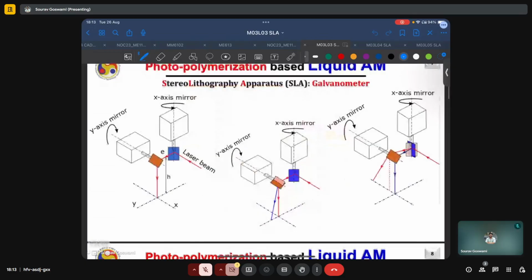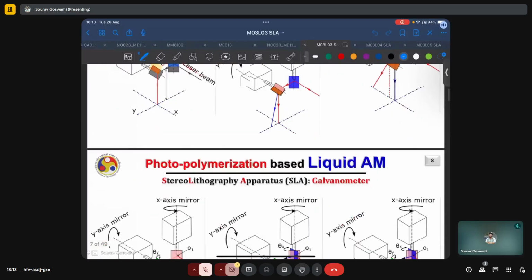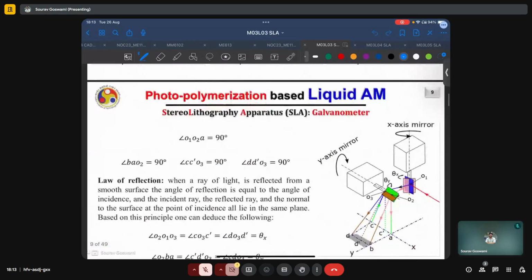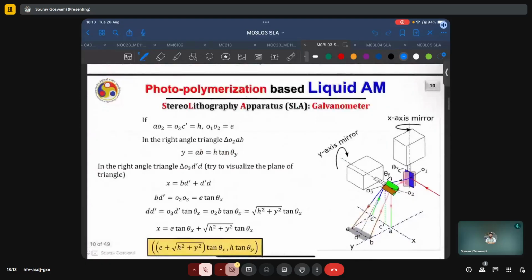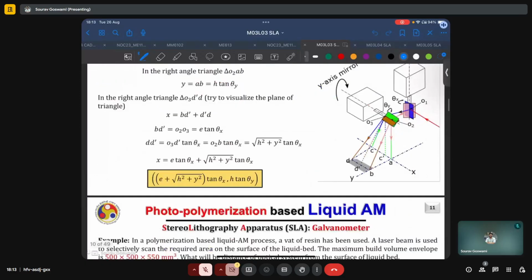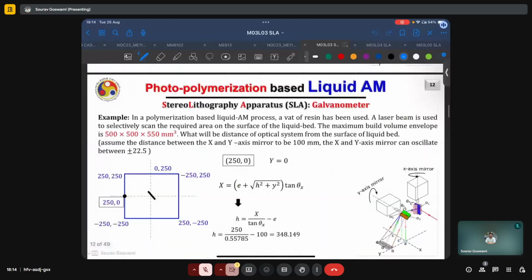Now, the schematics of how a laser beam is deflected in only the X, only the Y, or a combination of XY motion in the printing plane was already demonstrated by Professor Kapil, and some relevant derivations were also shown in the lecture. So I'm not covering all of them again.